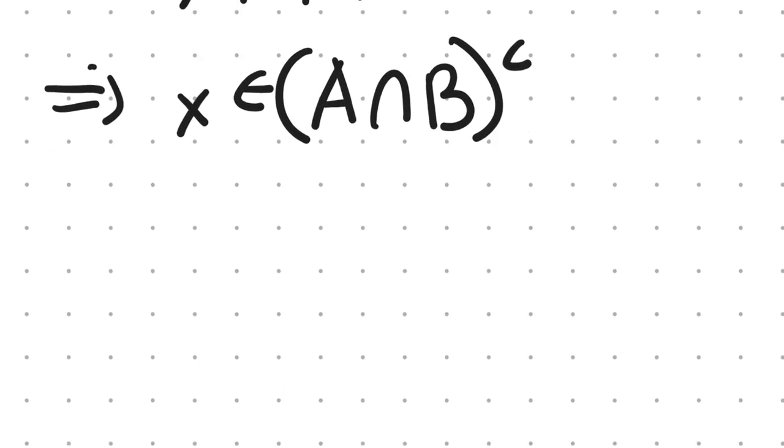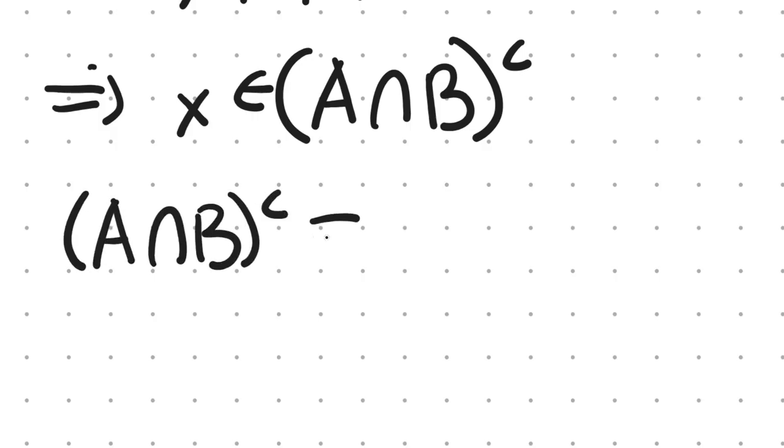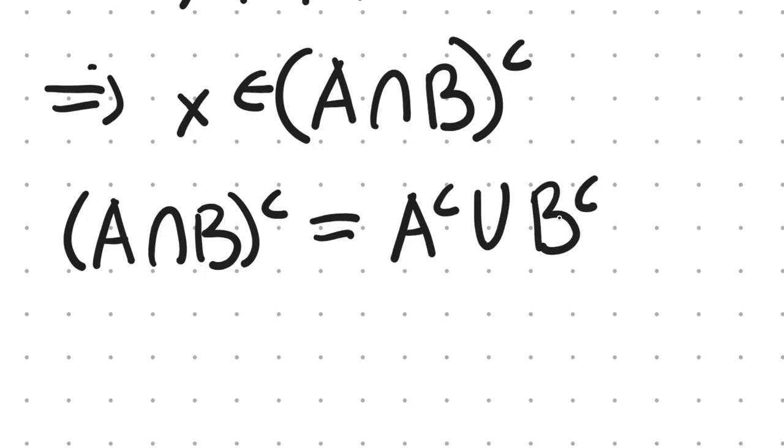So now we have proven that (A intersect B) complement is actually equivalent to saying A complement union B complement, which actually proved the second De Morgan rule.